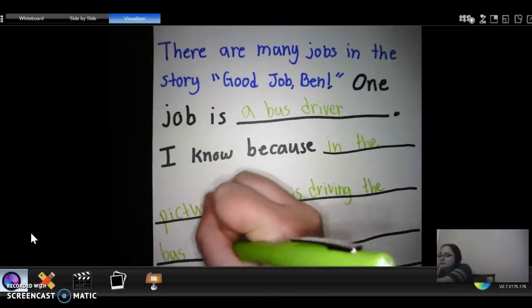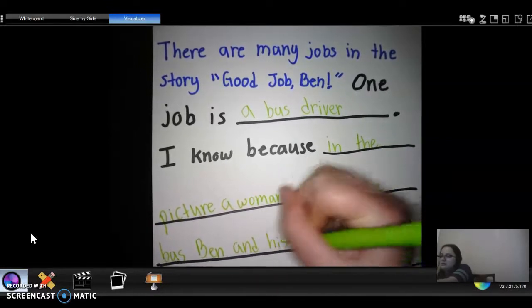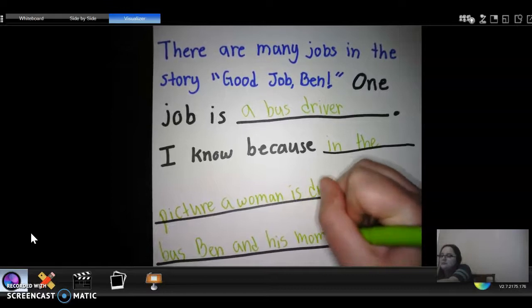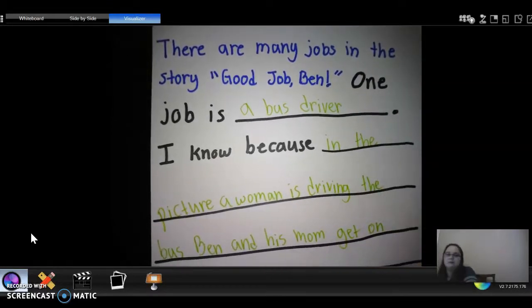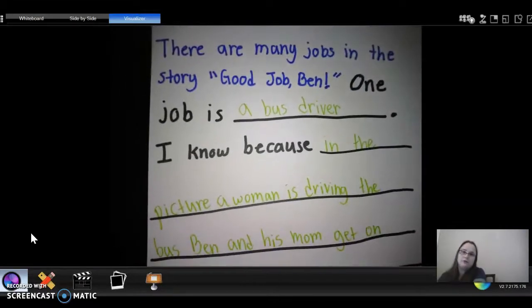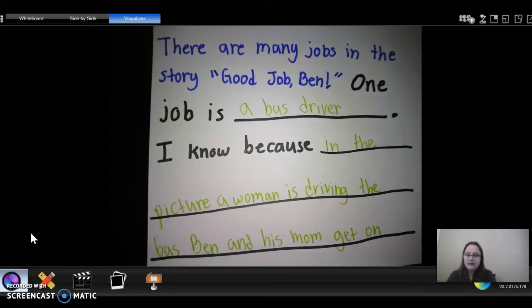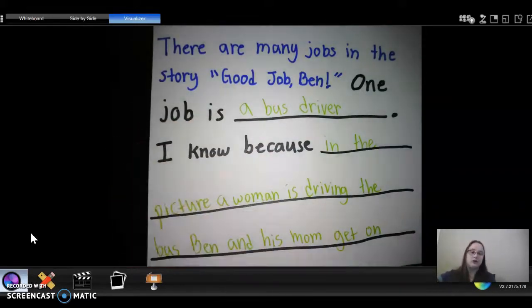Ben and his mom get on. Okay, and then we have our period down here because Miss Greathouse wanted to make sure she had enough room. So it's that simple. You're just going to fill in the blanks with your job that you chose from our T-chart, and Miss Greathouse will provide that in your Seesaw assignment.